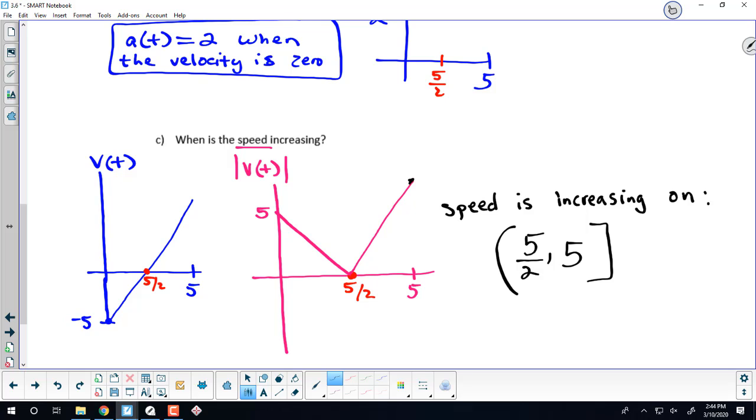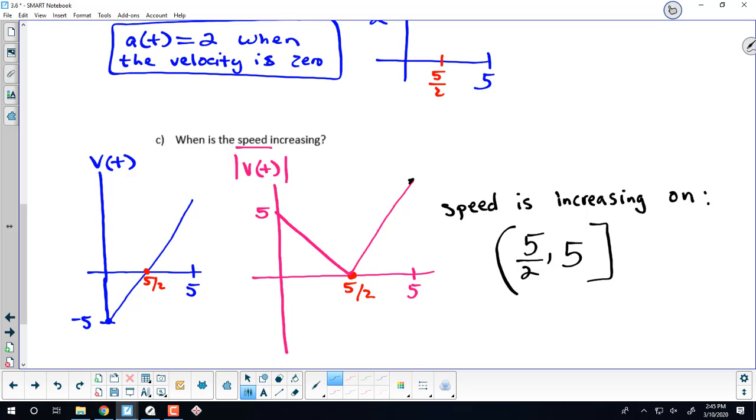You need some sort of length or distance to determine whether something's increasing, decreasing, or constant. But that's how MML is going to answer this. If you said it was increasing on 5/2 to 5 on the open interval, I wouldn't count that wrong either, because I personally feel that these intervals of increasing, decreasing, and constant should be open intervals. I mean, this is still an open interval, but we're including the endpoint.